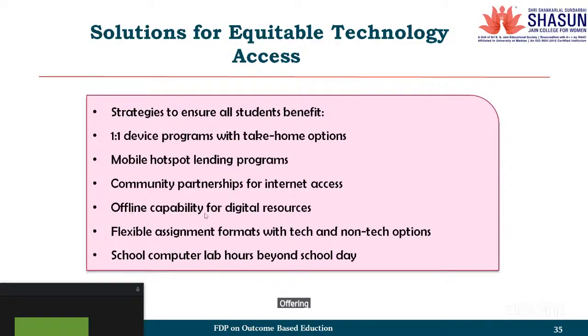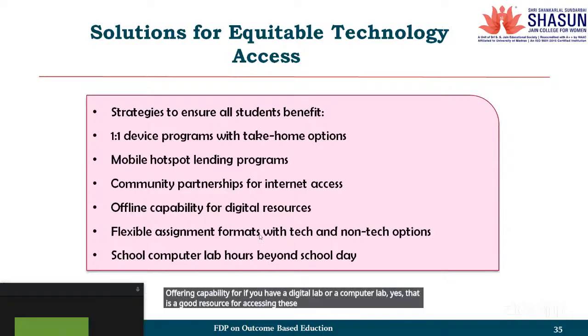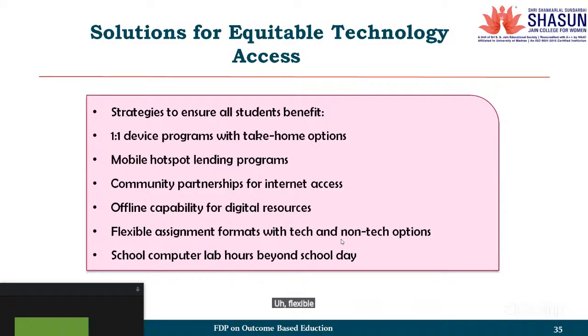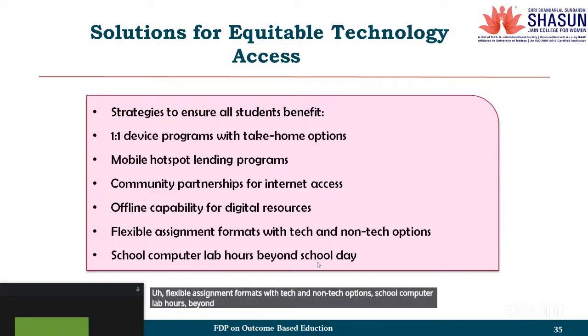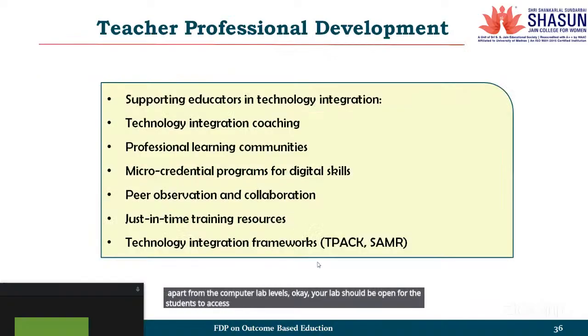If you have a digital lab or a computer lab, yes, that is a good resource for accessing these technologies. Flexible assignment formats with tech and non-tech options, and school computer lab hours beyond the school day, which you can change to suit your institution. Apart from the regular hours, your lab should be open for the students to access these particular technologies.